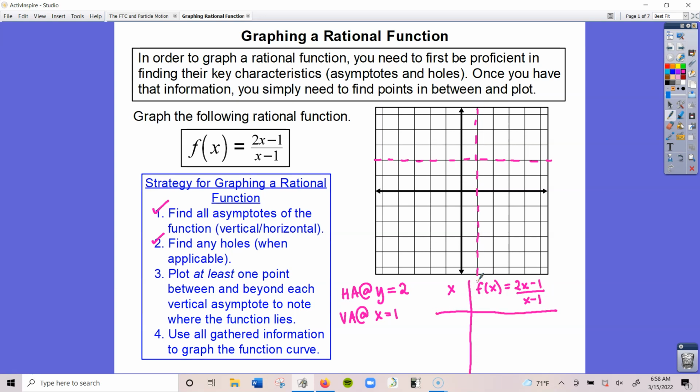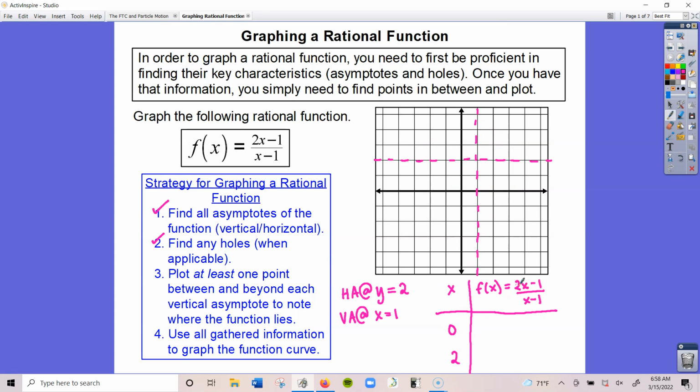Since my vertical asymptote is at x is equal to 1, I'm going to plot 0 and 2. You can plot any number you'd like, but I normally like to choose 1 x to the left of the asymptote and 1 x to the right. You always want to do both sides so that you can see where the graph is going to lie.